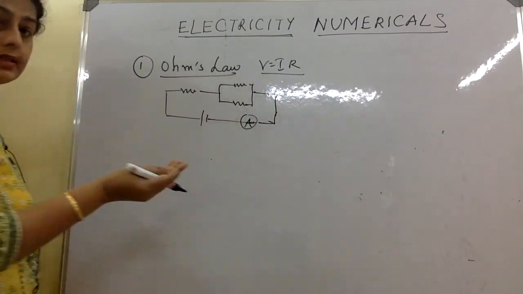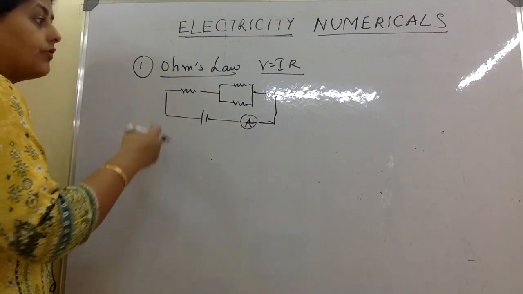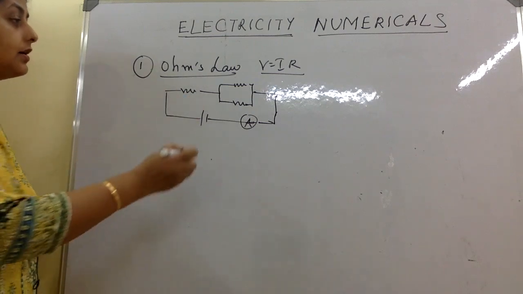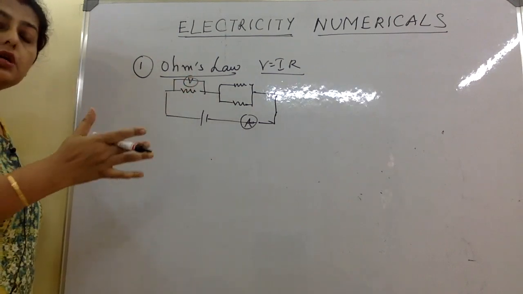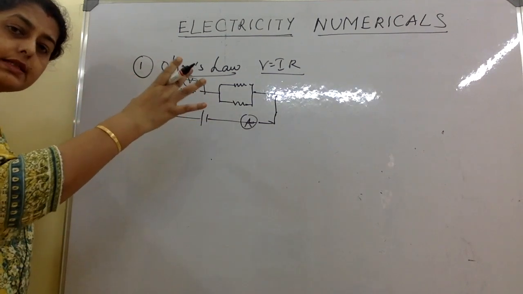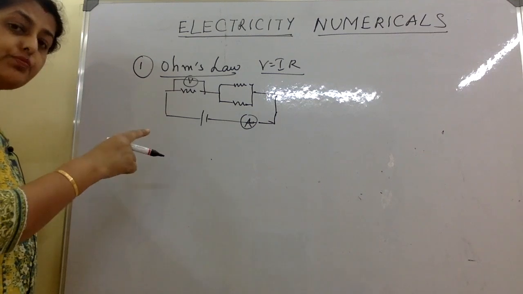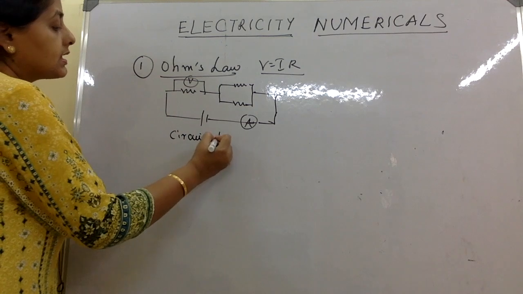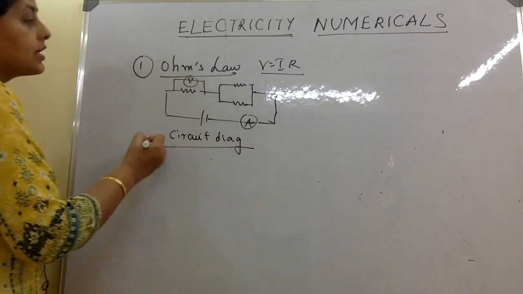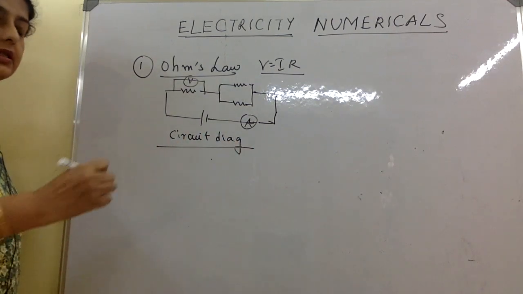You'll have to know the flow of current, where it is splitting, and if a voltmeter is put here, how much it will show. In other words, circuit diagram sums. That is the first type of sum.